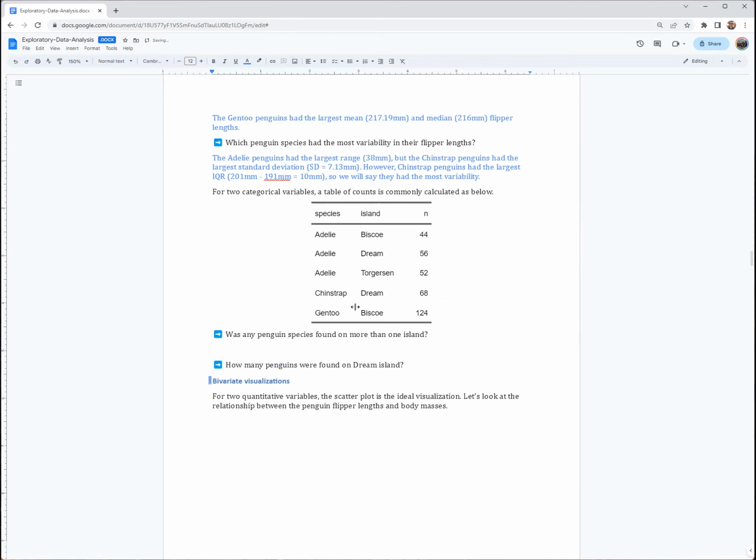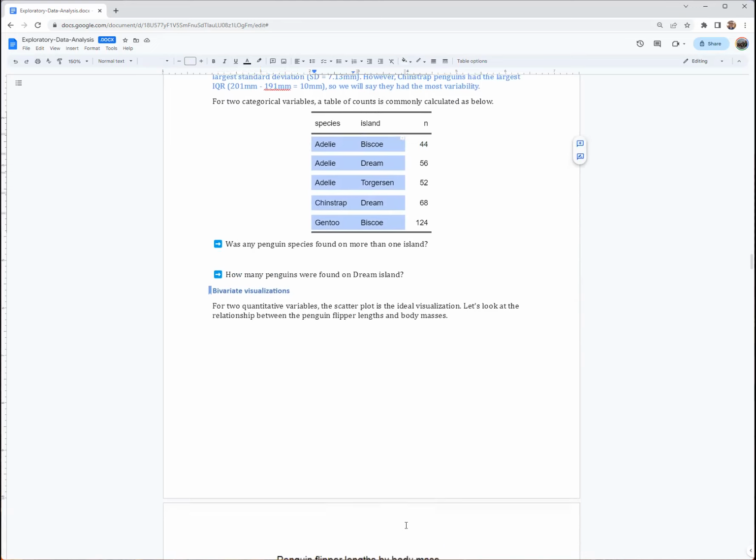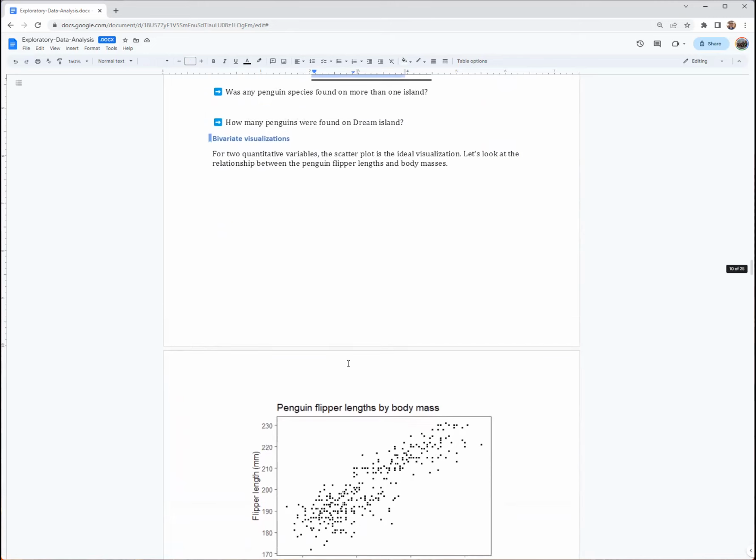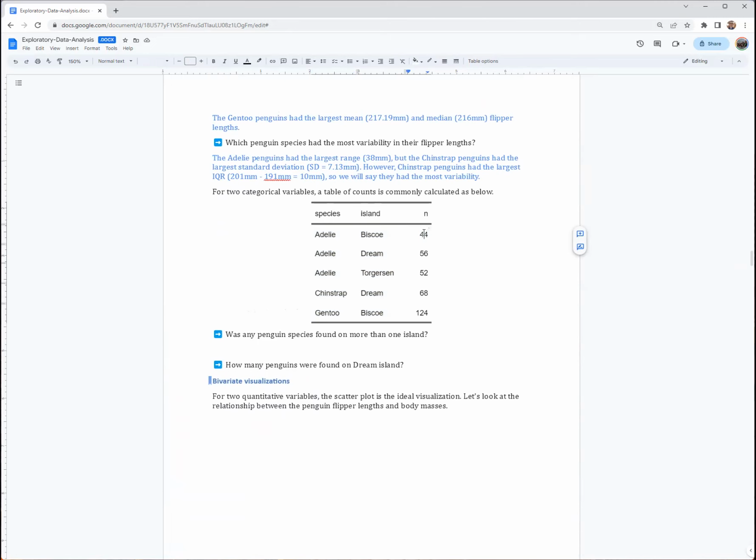Note that there were 3 species and 3 islands. So if we had the cross section of all of those, we should have 9 rows. There's not 9 rows here because values that had zeros are just excluded from this table. You could have rows where the counts are 0. And that's how we have a table later, actually, in this activity. But the table could be shown like this as well.